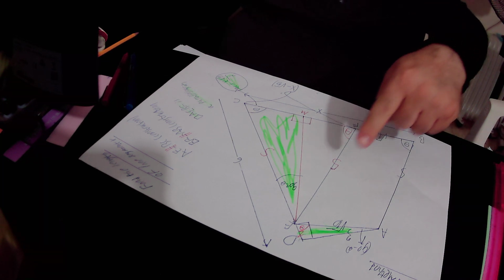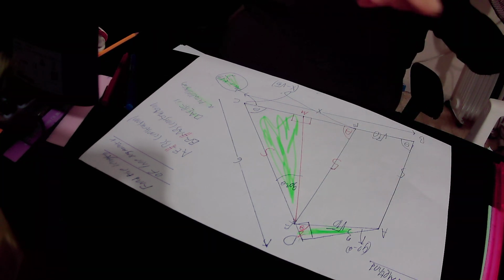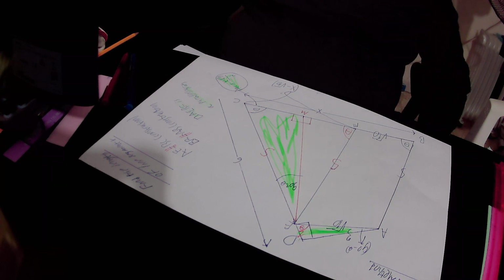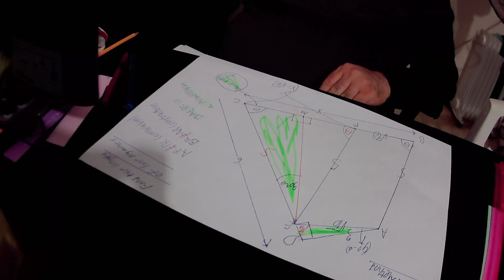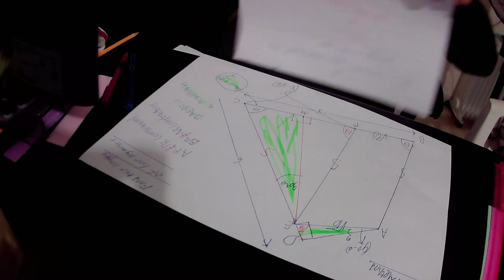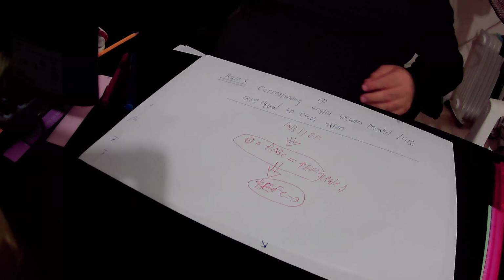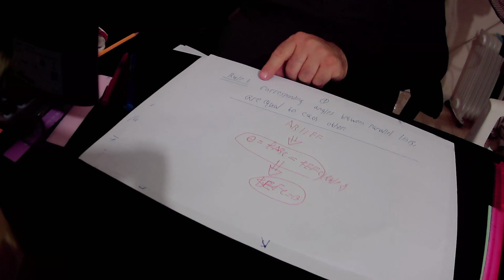AB is parallel to EF, and AE is also parallel to BF, and this is exactly the definition of a parallelogram. Okay, so then I presented to you rule number 3. According to rule number 3, corresponding angles between parallel lines are equal to each other.